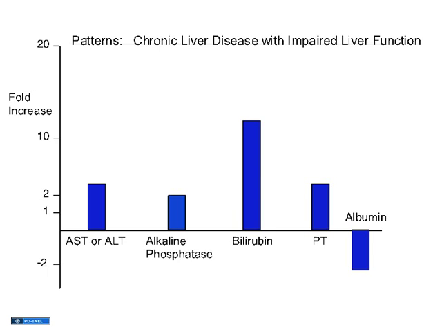So in a chronic disease with impaired liver function, you'd have elevations in the enzymes, could be highly variable, but if the liver's not working, you're going to have high bilirubin, you're going to have an elevated prothrombin time, and if this has been going on for a long time, the albumin will be low also.